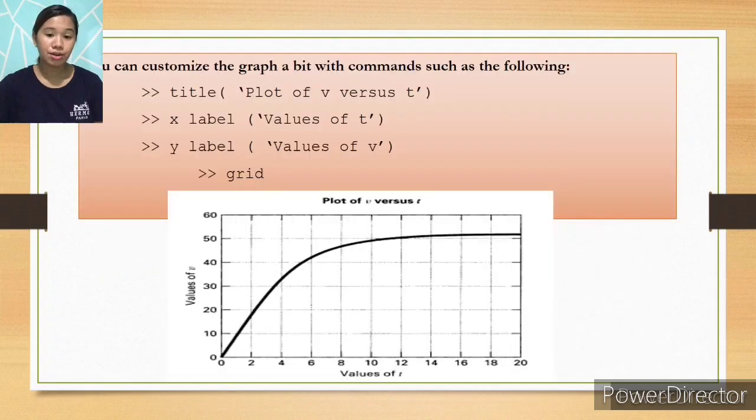You can customize the graph a bit with commands such as the following: title, 'Plot of v versus t', xlabel, which is the value of t, ylabel, which is the value of v, and grid. As you see, this is an example of a plot of v versus t with the title.